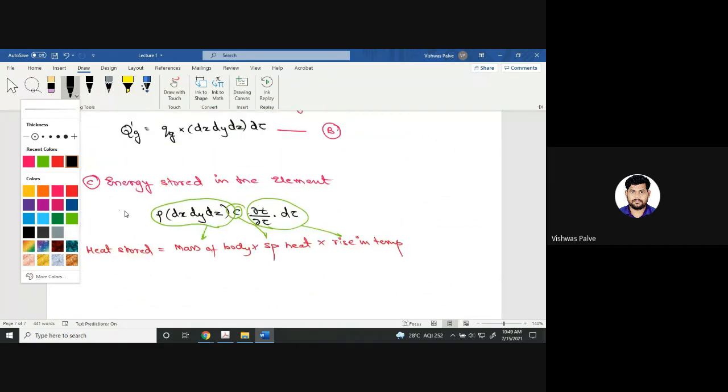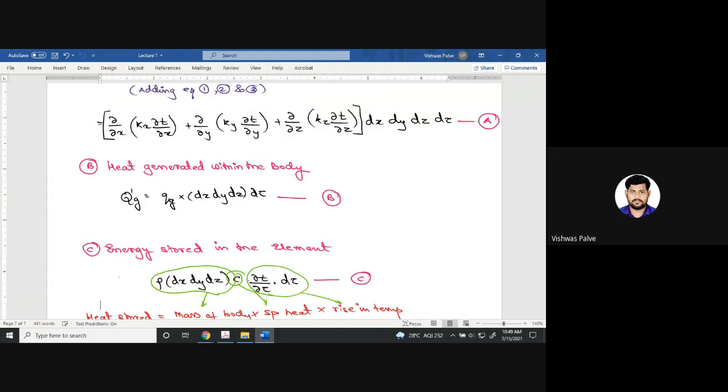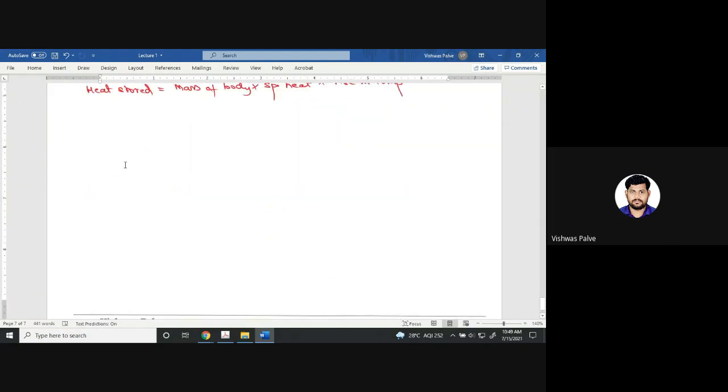So I will say this is my C part, okay, A, B, C. So therefore, I can write A plus B is equal to C.